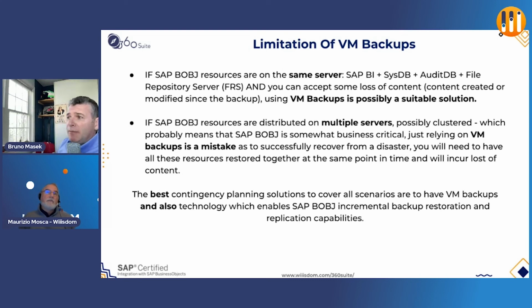And that's a good point. One of the limitations, by the way, of VM backup, so you've got A side, B side, is that it's not incremental. So it's a full image of what you have. Whatever you have in A is copied in B. And the value here with the 360 suite solutions is that it's incremental. So if you have something that's corrupted in A, it will be corrupted in B. And here you can actually roll back to the previous version.